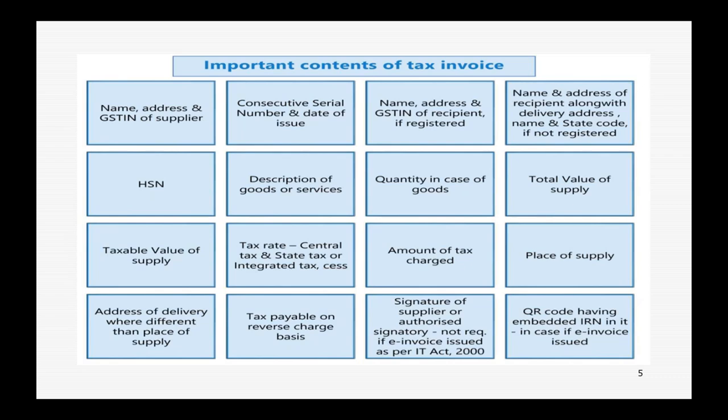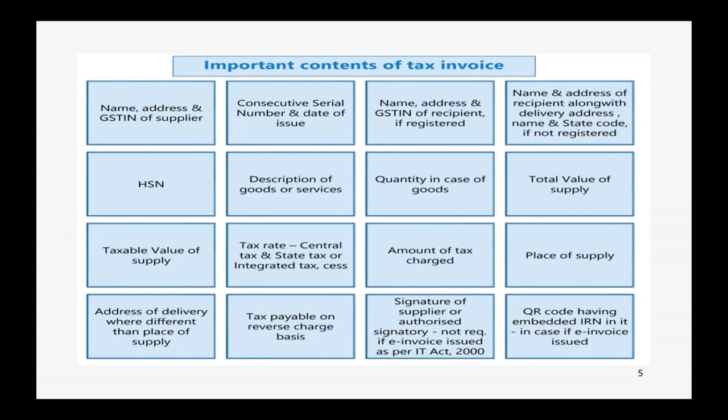HSN code has to be given, and a description of the goods or services. Quantity will be given. Taxable value has to be given. Along with the taxable value of supply, you mention the tax rate, at what rate tax has been charged, whether it is 5%, 12%, 18% or 28%, or a special rate in case of gold, silver, platinum, or in case of a real estate project, where the tax rates are less.